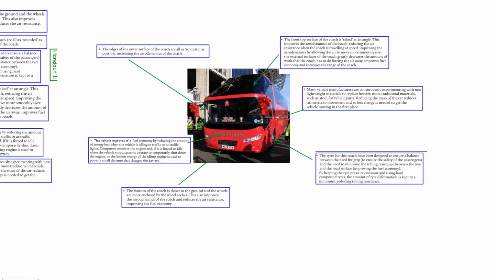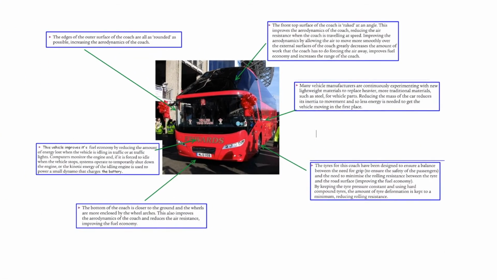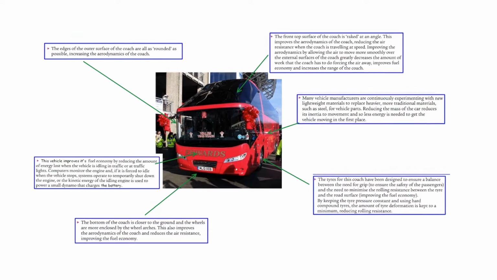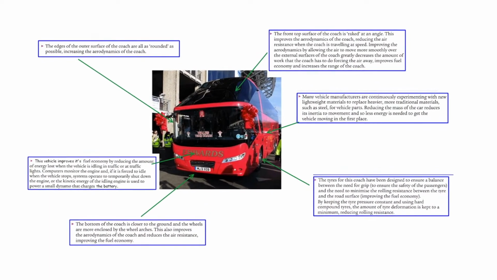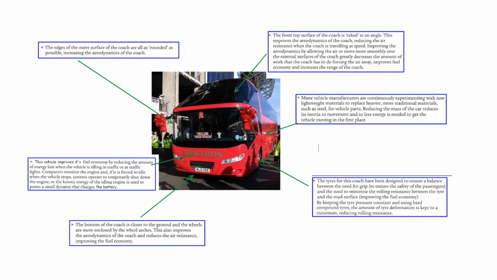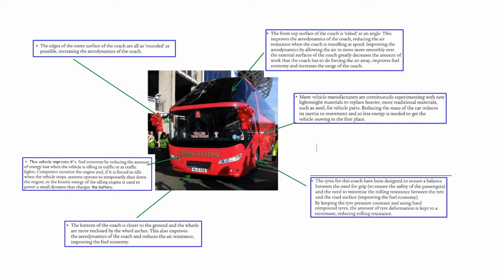Okay, yours won't look exactly like this, but I'll just go through each one now quickly to see whether you have something similar. So the front top surface is raked at an angle. What they mean by that is, rather than go straight up, it comes at an angle just like that. That's to improve the efficiency and aerodynamics.